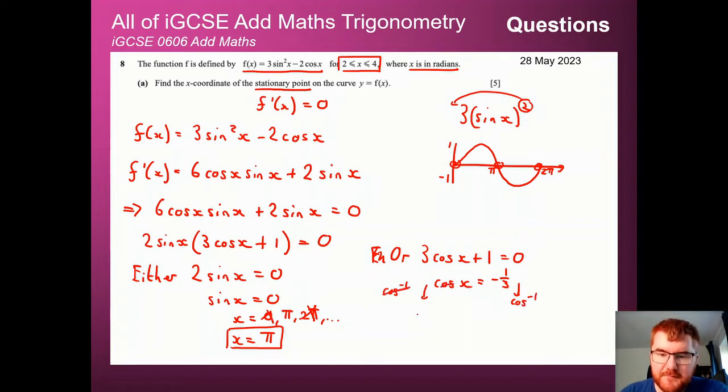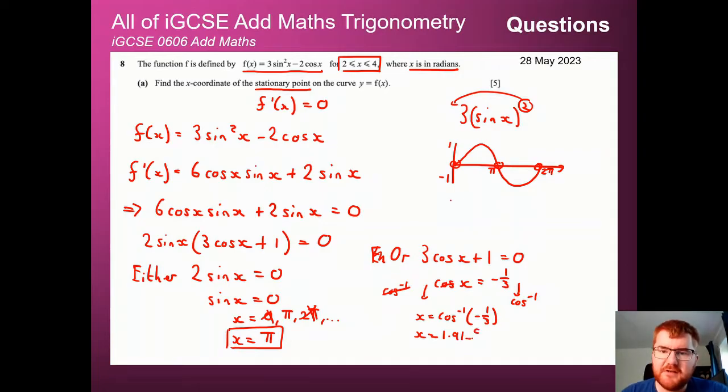This cancels, so we need to find the inverse cosine of minus 1 over 3. And let's see what the calculator gives us here. Again, remember, we're working in radians, so make sure your calculator is in radians. As you can see here, I am changing it directly. So inverse cosine of minus 1 over 3 gives me 1.91.